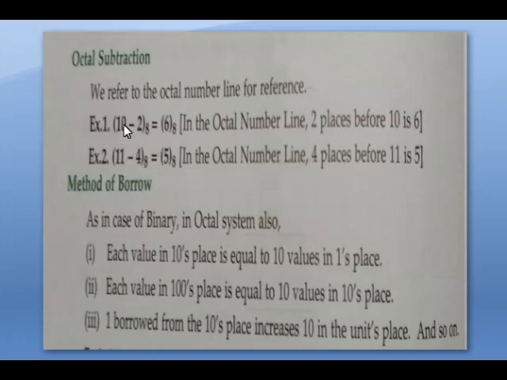If we borrow a number from the left side, it becomes 8 for a 0, and 8 plus 1 is 9 here. So 9 minus 4 is 5.